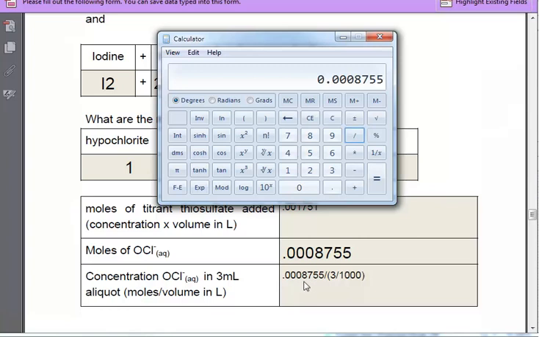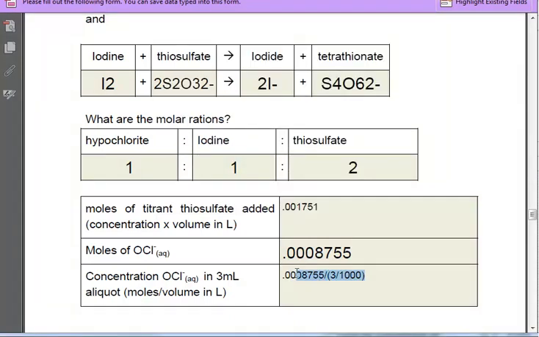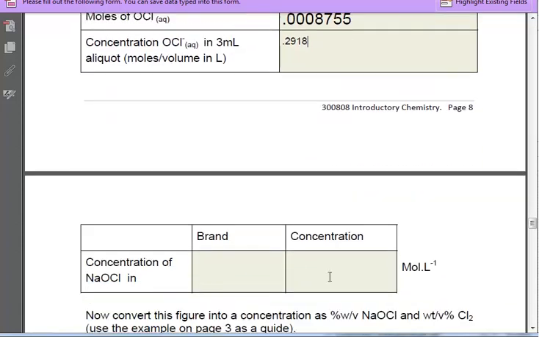Number of moles divided by 3 times 1,000. 0.2918 molar. 0.2918 moles per litre. That means the concentration of that is whatever you put, and you put 0.2918.